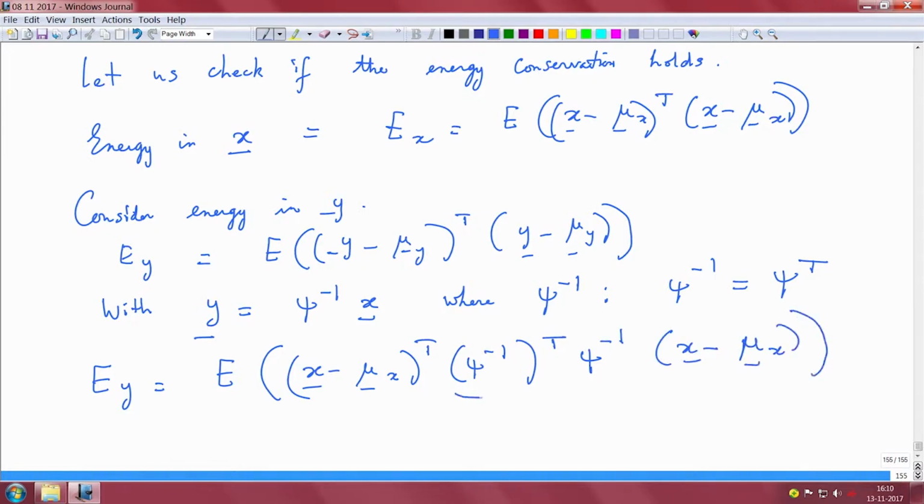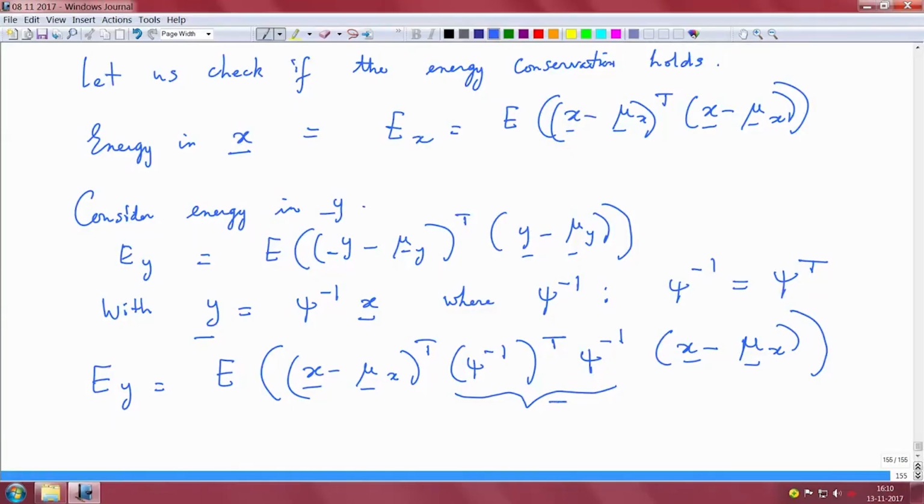and observe this, because we wanted to bring in the unitariness, right. A transpose A is 1. So, your A is like psi inverse and A transpose is like your psi inverse transpose. Because this is unitary, this is identity, and we have seen this unitariness in filter banks as well, right.